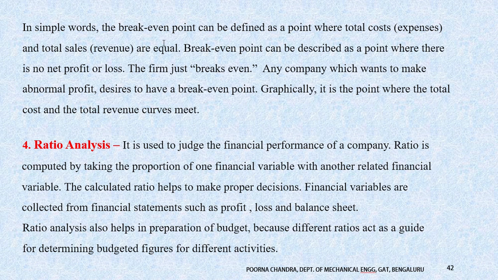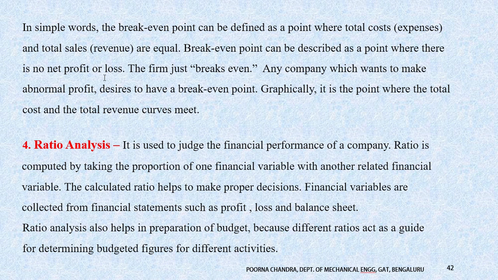In simple words, the break-even point can be defined as the point where total cost or expenses and total sales revenues are equal. So when the cost and the sales are equal, then that point is known as the break-even point. So the break-even point can be described as a point where there is no net profit or loss.